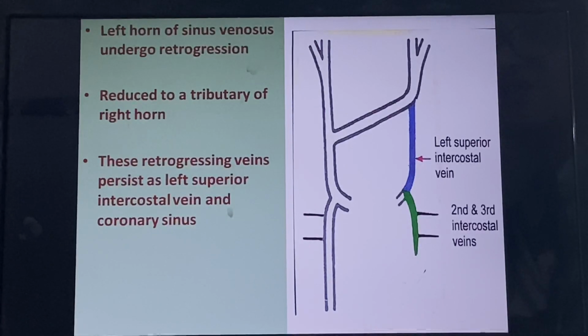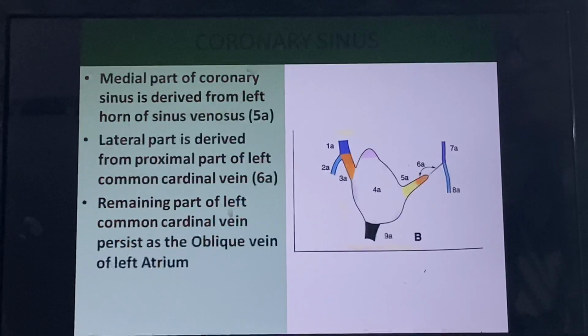So these retrogressing veins persist as the left superior intercostal vein and the coronary sinus. This is important. The retrogressing veins we are seeing in the diagram persist as the left superior intercostal vein, and you can see the coronary sinus just developing from that portion.